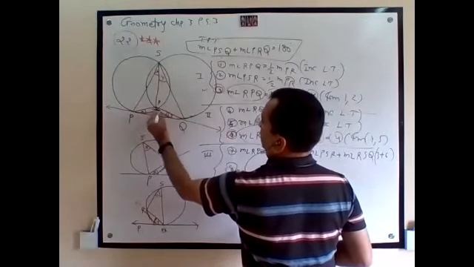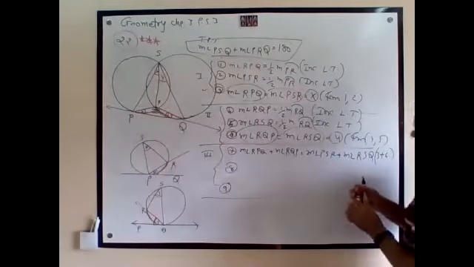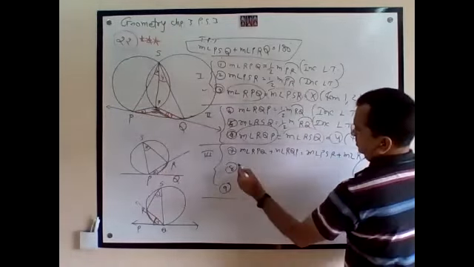Now z remains. Z means what? PRQ. Add on both the sides. PRQ. This will be the same.